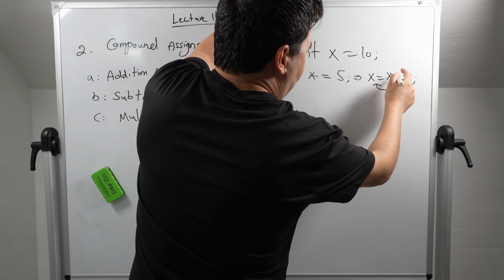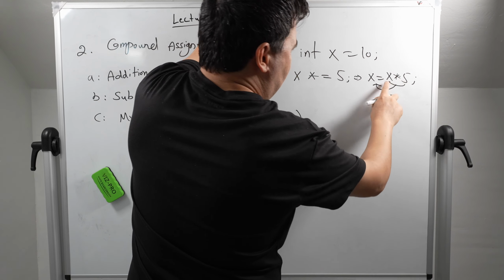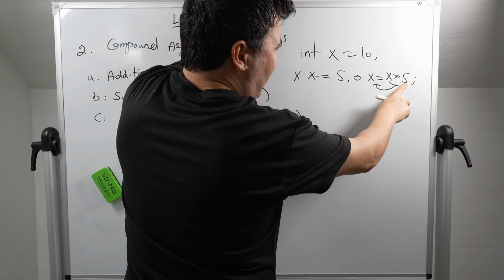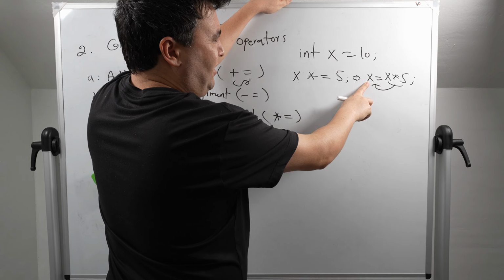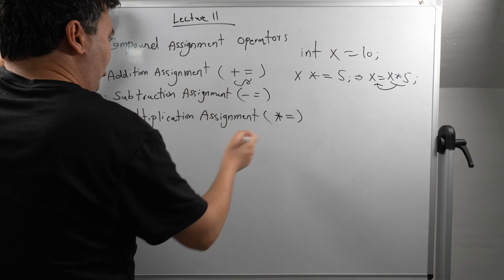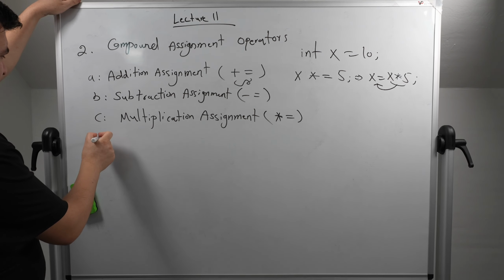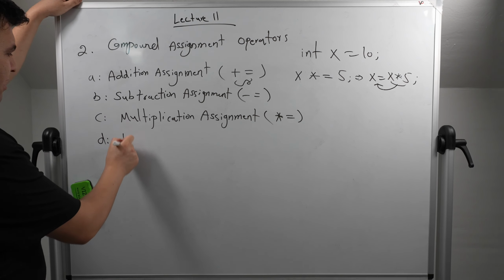So it means multiply the x variable with 5 and then store inside x. So this is called multiplication assignment. Then we have division assignment.